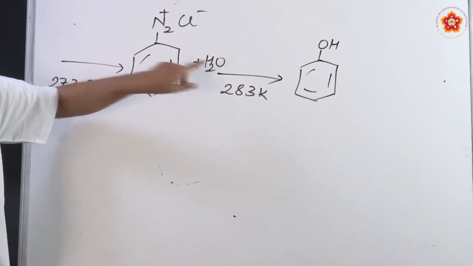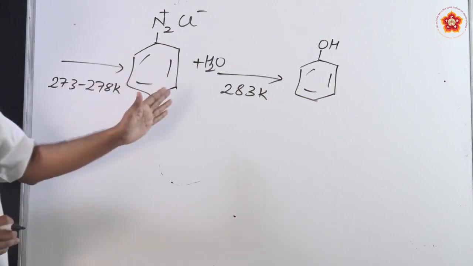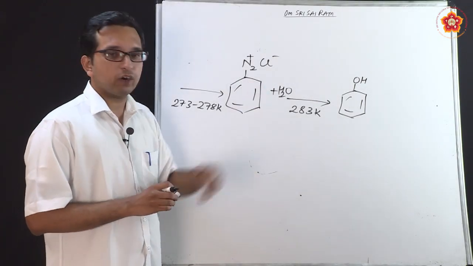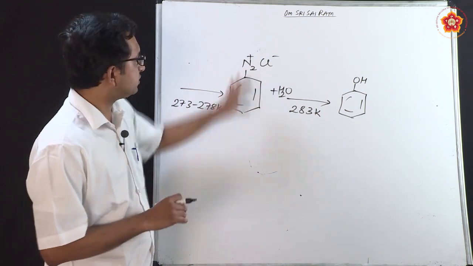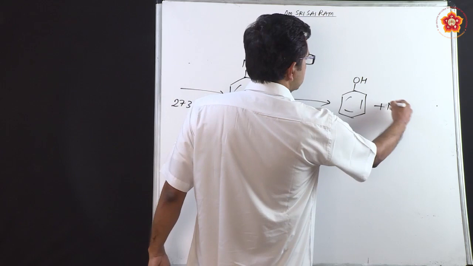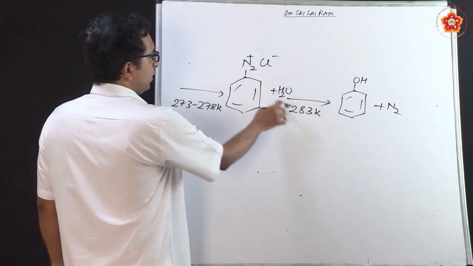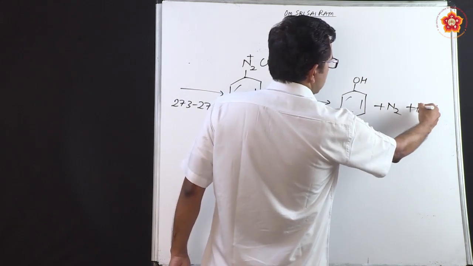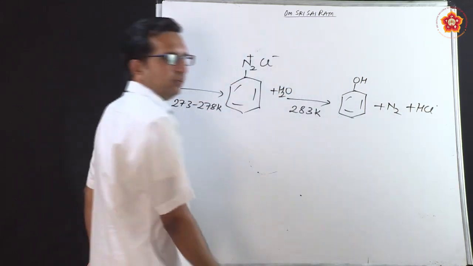That is how the splitting happens, but here it is not the OH minus splitting which is important, it is the direct attack of the OH group, because this is an unstable system. So, what are the byproducts here? Naturally nitrogen gas has to come out, N2, and another hydrogen that was left over here will combine with Cl minus to form HCl.